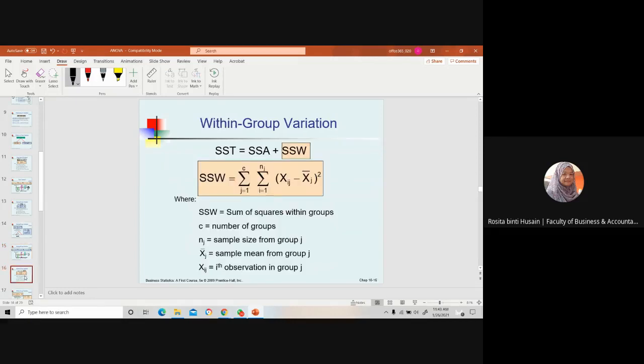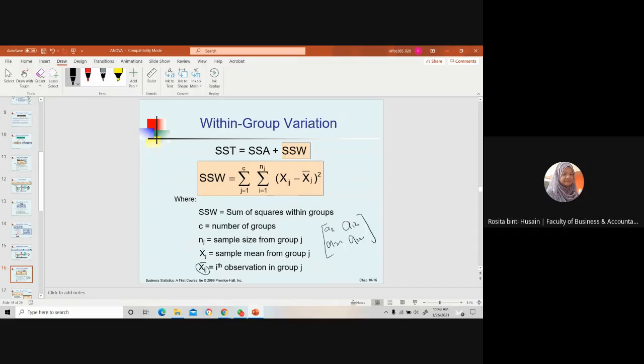So SSW, this is the formula for SSW within group. There are 2 summations because it looks at 2 things, one on row and one on column. C is the number of groups and j is the sample size. X bar j is the sample mean for group j. Xij is the observation in group j. So it is like a matrix, if you have a matrix A11, A12, A21, A22.